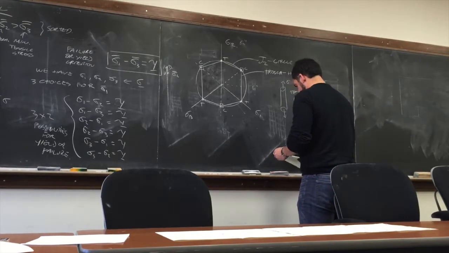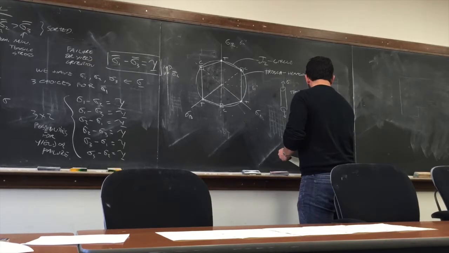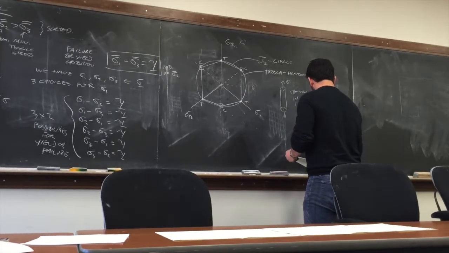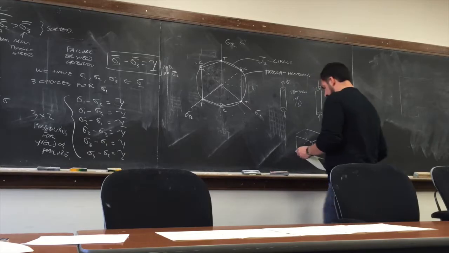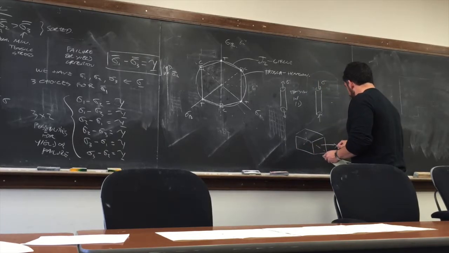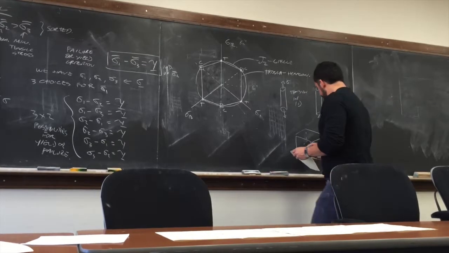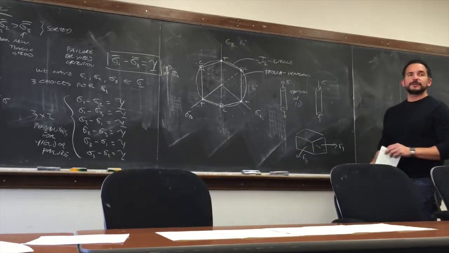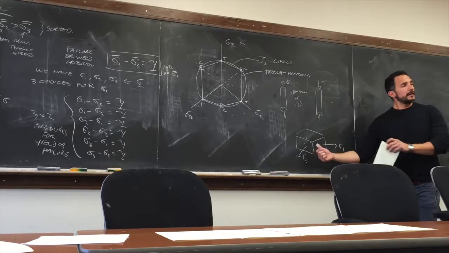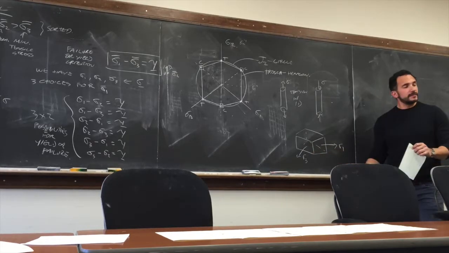For instance, take this little cube of material. Let's suppose that we're applying a principal stress sigma 1 here and a principal stress sigma 3 here, and let's say sigma 2 is 0. And they're both in tension.